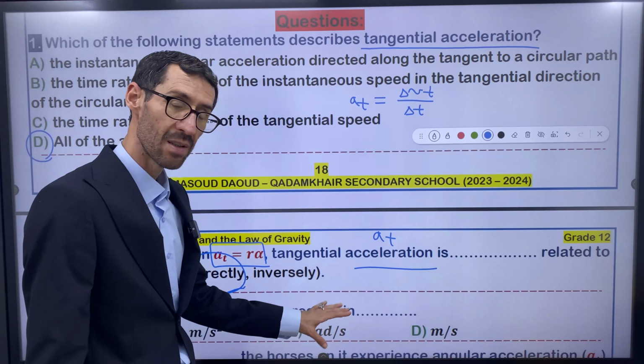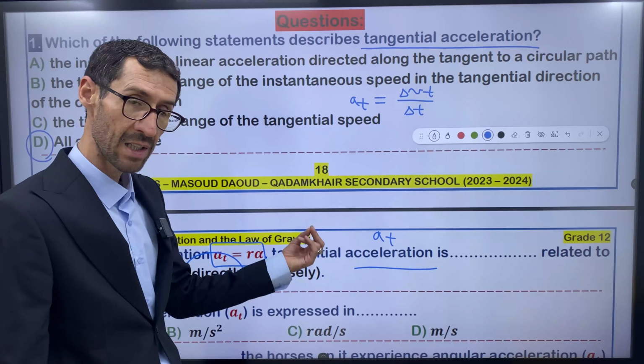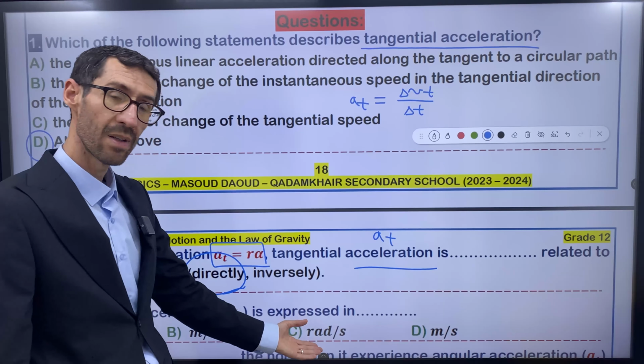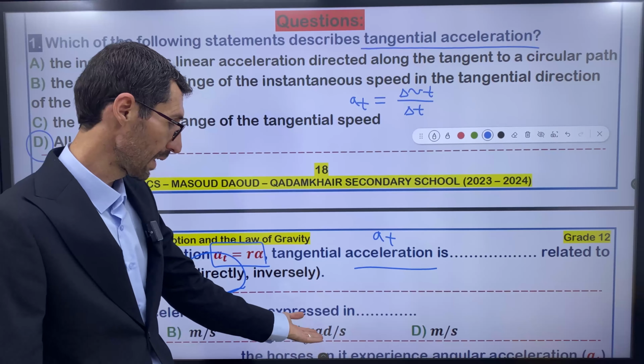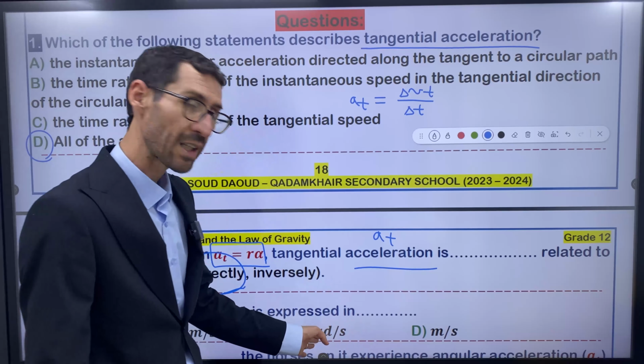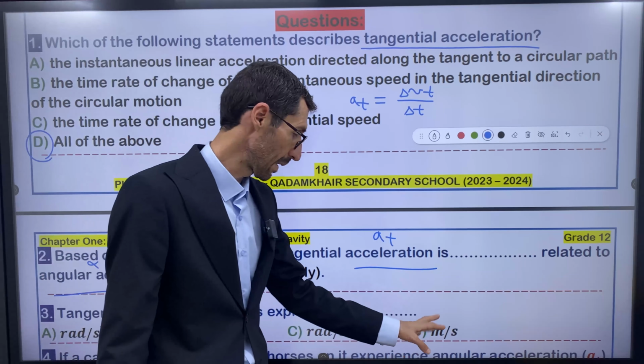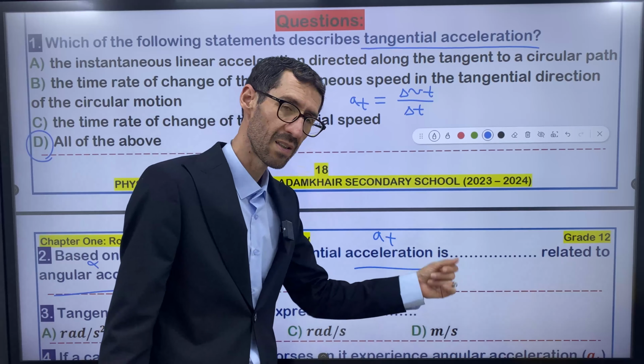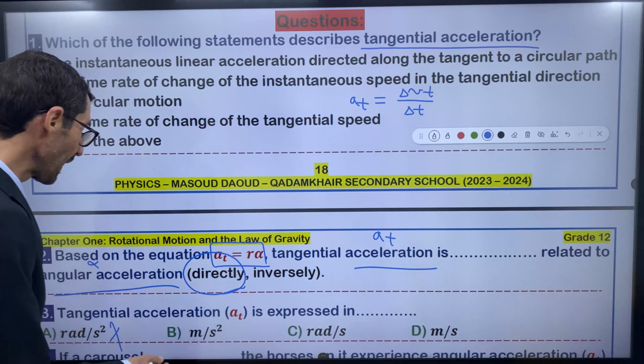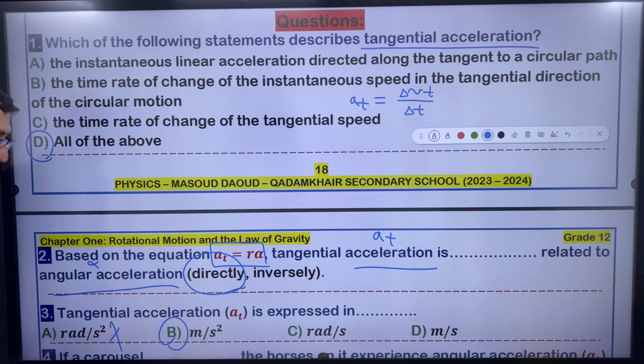The third option, rad per second, is not even for acceleration; it's for angular velocity, and meter per second is for linear. So the only true option is B, meter per second squared.